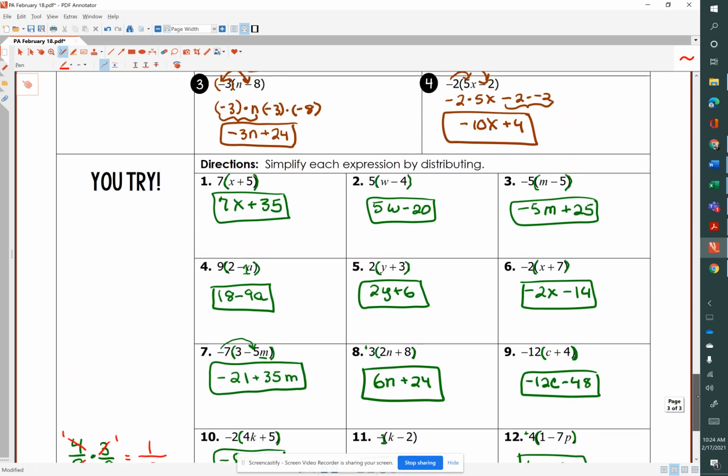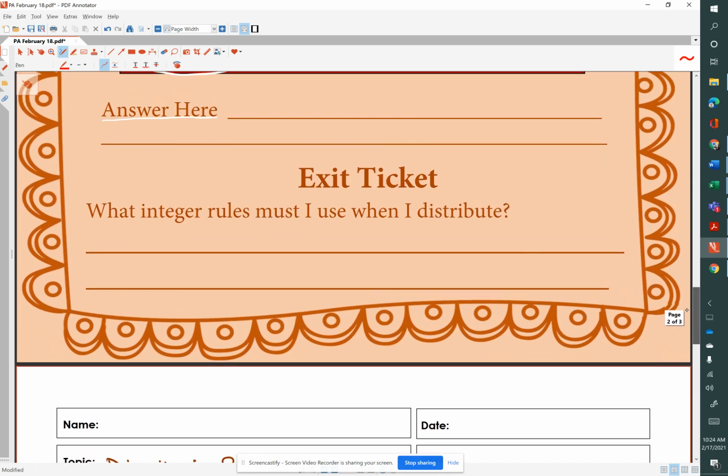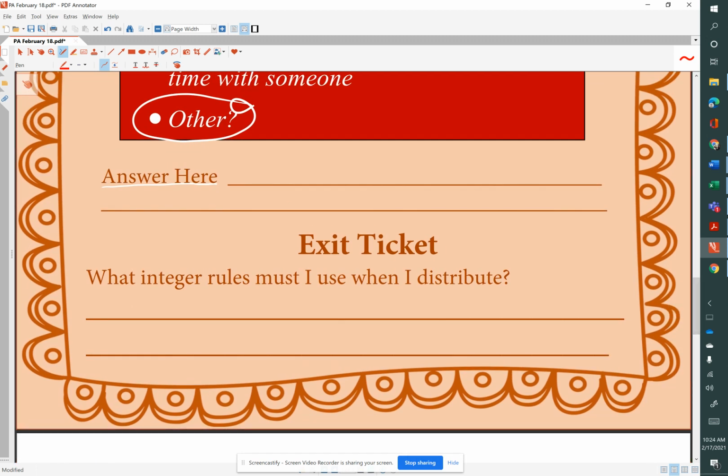So let's go back to our exit ticket, which says, what integer rules must I use when I distribute? I must use the multiplication integer rules. And they are, let's make our little tic-tac-toe.